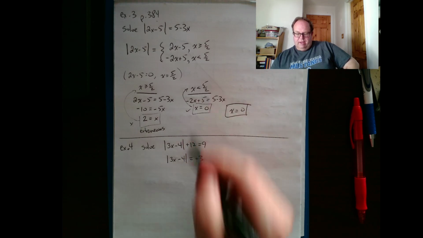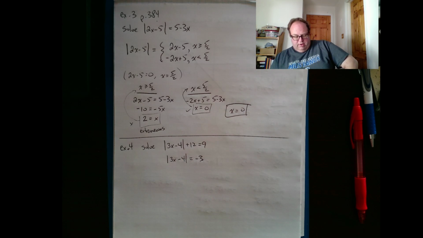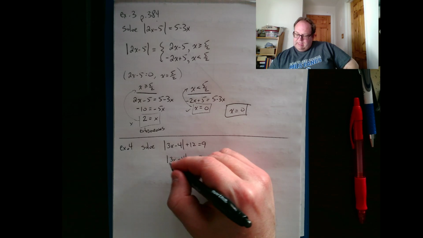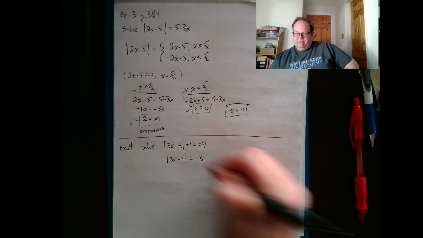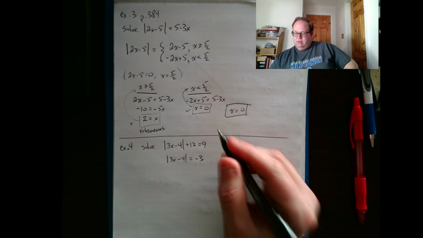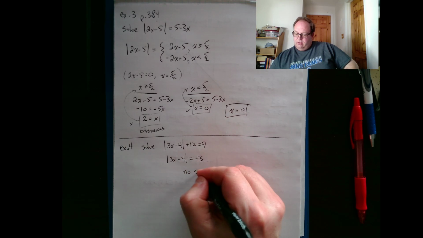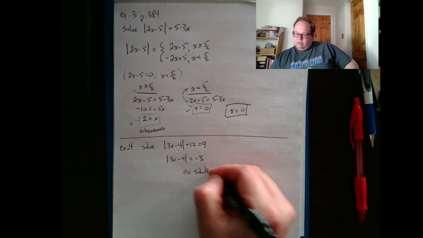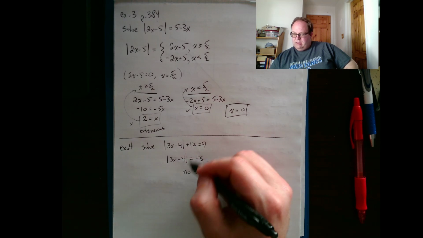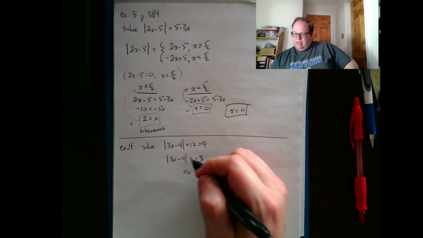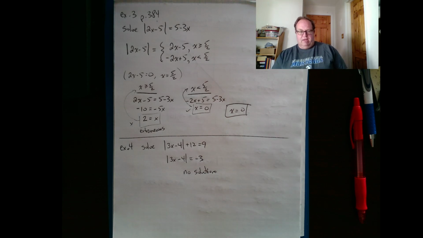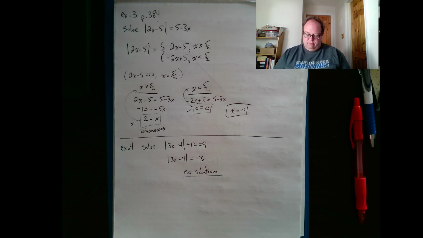Now you could go through the same process above, but what you're going to find out is that any solution you get is extraneous, because we cannot take the absolute value of something and have it come out to be a negative number. So this, quite simply, has no solution. If you get to some point where you have just an absolute value equals a negative number, there's nothing that makes that work. That has no solution.